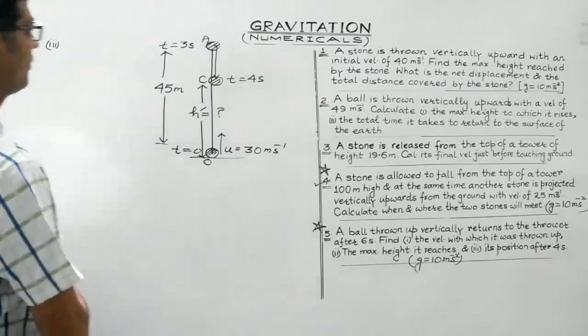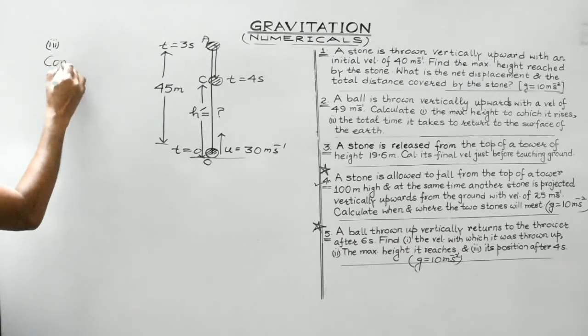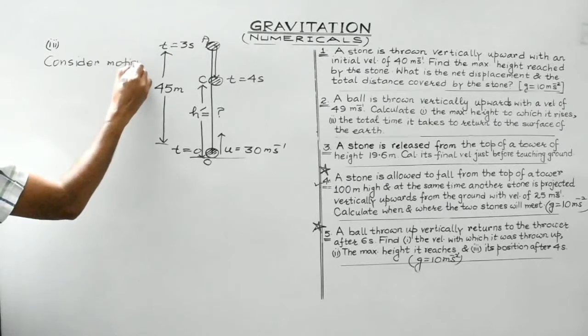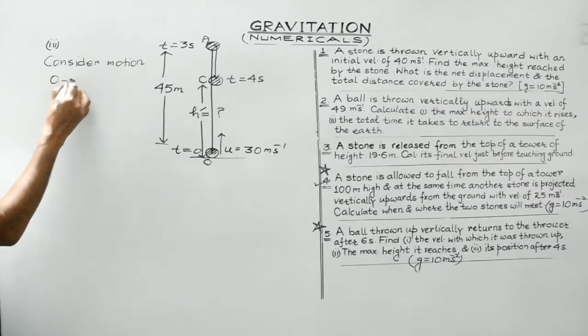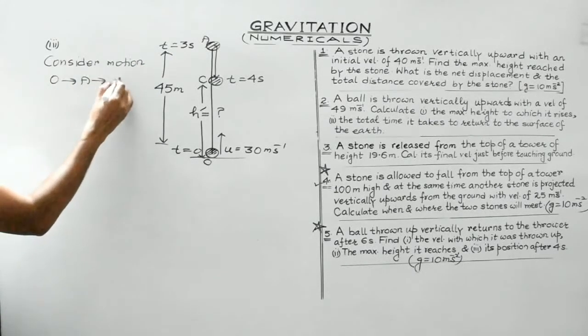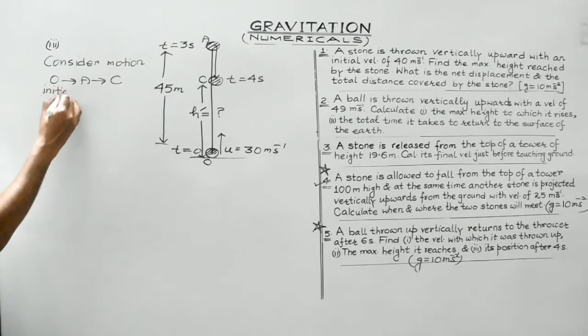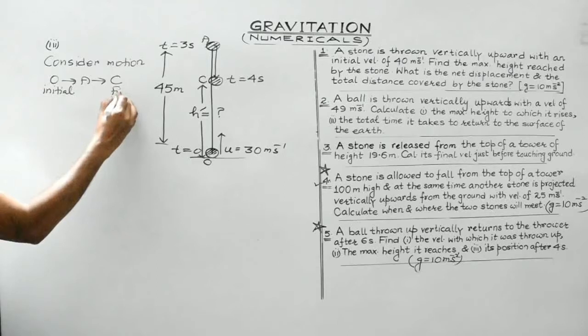Right? Okay. So consider motion. Let us consider motion O to A and then from A to C. Right? A is the initial point and C is the final point.